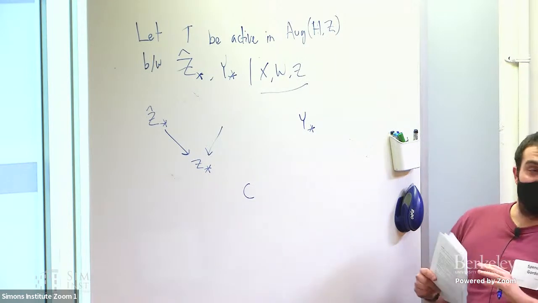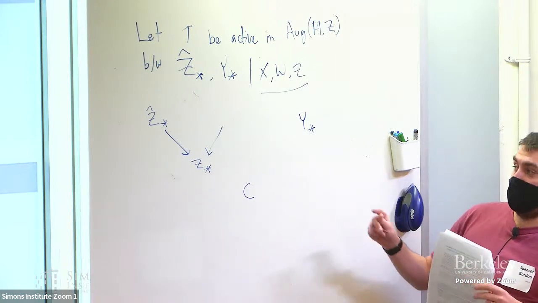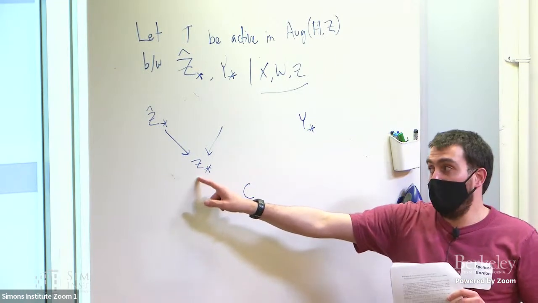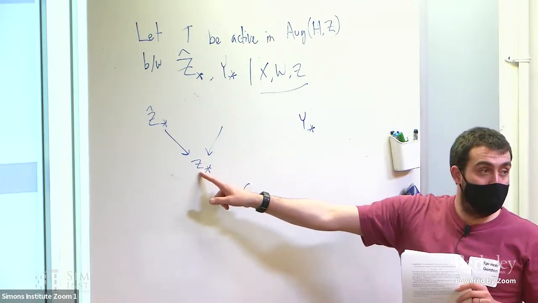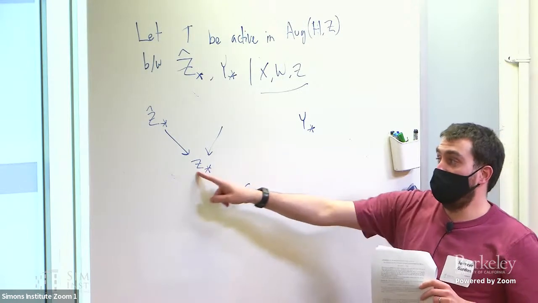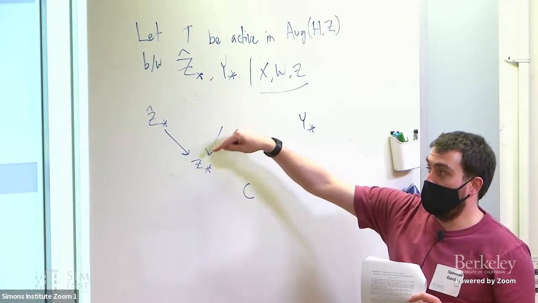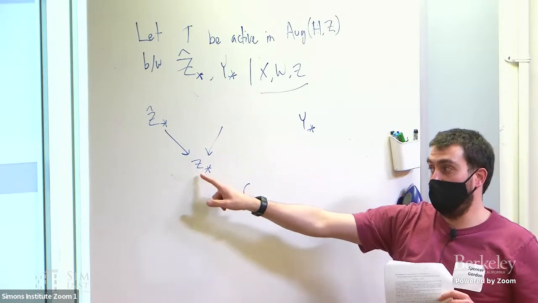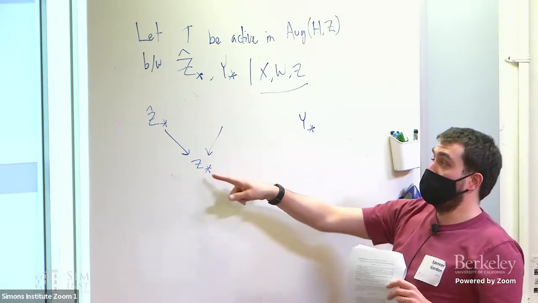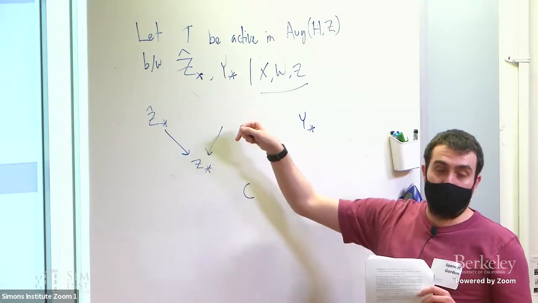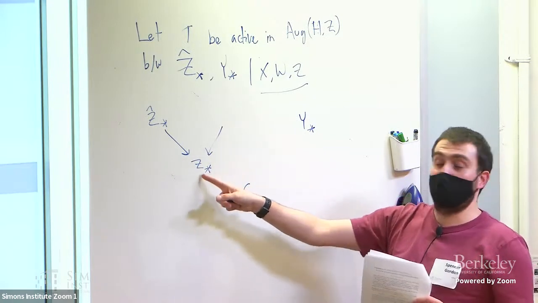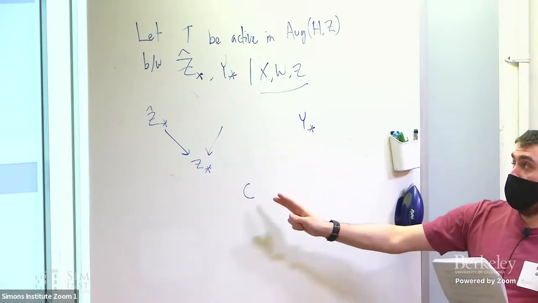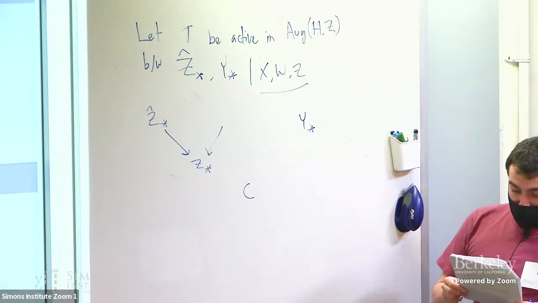So why must any such colliders exist? Because this right here is an example of one. There may not be any others. This may be the only one, but this is a collider that contains a descendant in Z, namely the vertex itself, that is reachable without going through any X or W vertices because it has a path of length 0. So let's find the one closest to Y star.